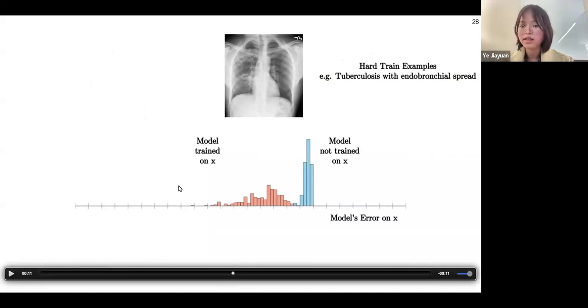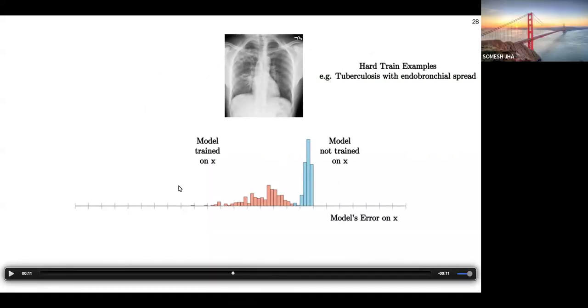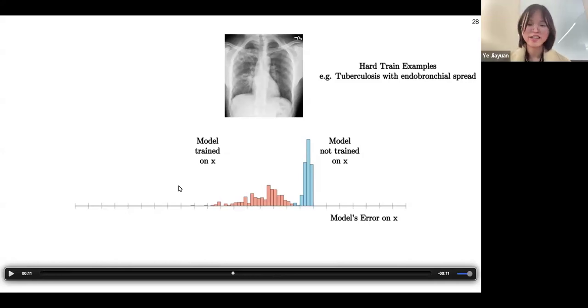Are there any questions? Okay, maybe I heard something wrong. So basically in this particular example, both the model trained on X and the model trained not on X have relatively high error, but the model trained on X has slightly lower error.